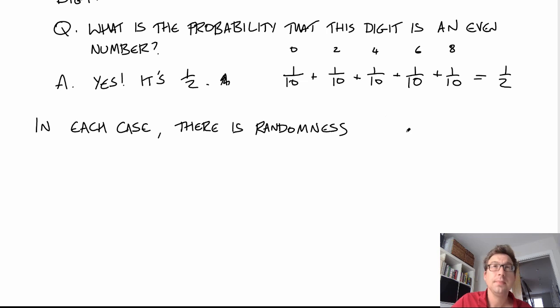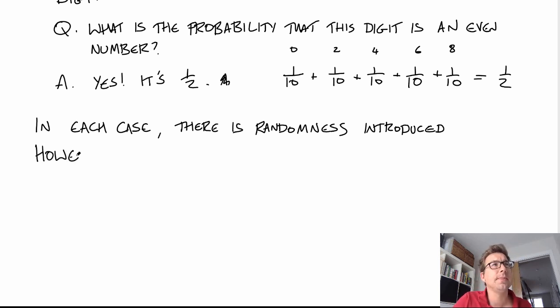But I don't mean random like completely random, like that's such a random comment you couldn't possibly guess what was going on. In each of these cases there's randomness, but it's a quantifiable randomness. I can associate numbers in order to quantify how likely, or the relative likelihood, of different events.